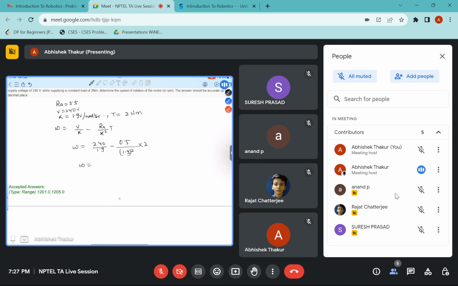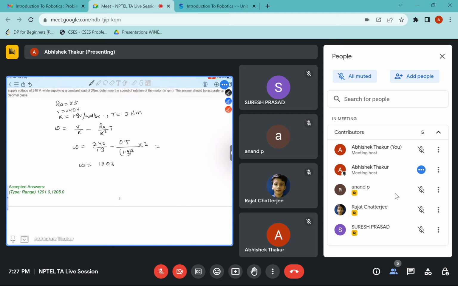So you can use a calculator for this. The answer will be something around 1203. When you solve this, you will get the answer in radian per second.